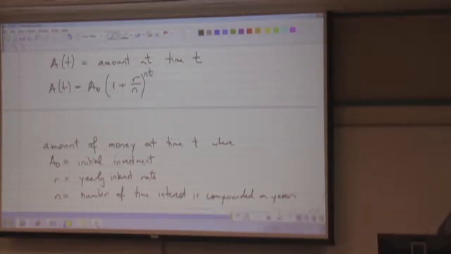So you could have it monthly compounded, yearly compounded, bi-monthly, bi-yearly, or any other combination. You've seen this before, I'm guessing, right? More or less.